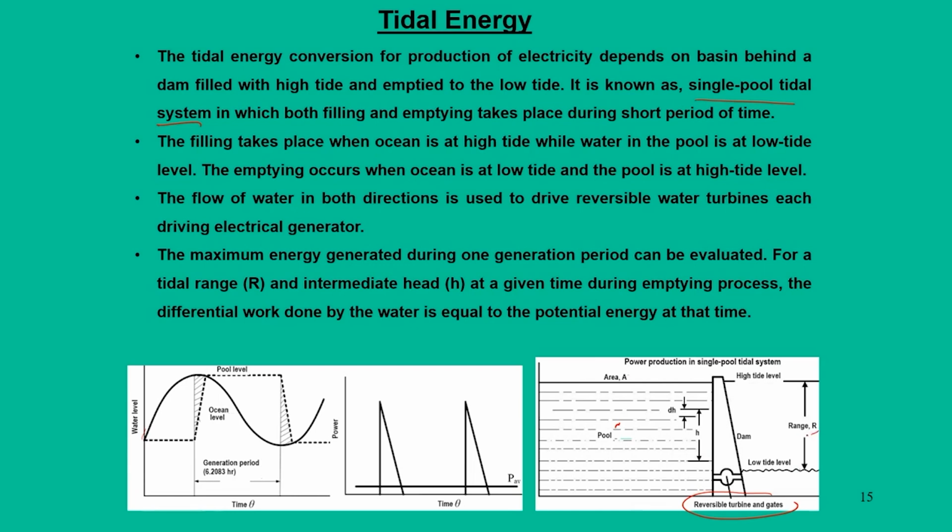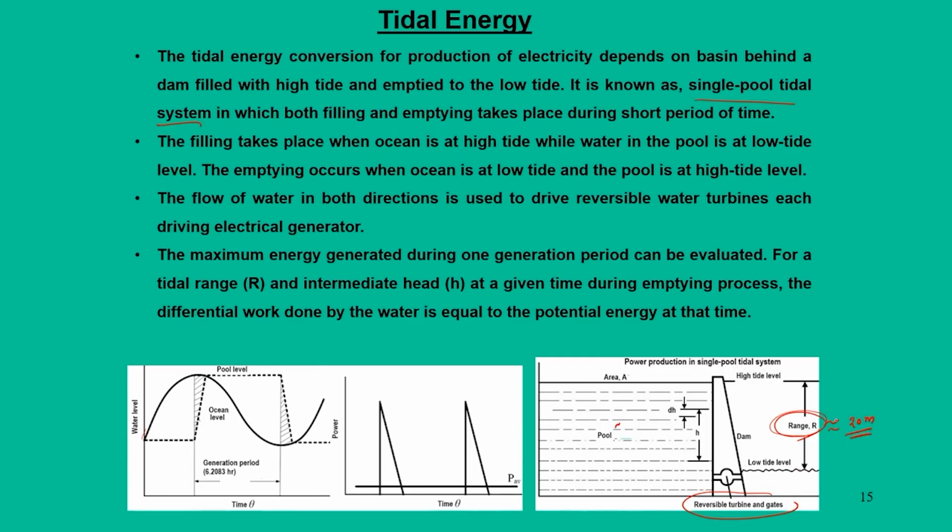The difference between these two is your range. So, for a given tide, this is the range, and that range could be as high as 20 meters. So, effectively this 20 meter height potential energy can be harnessed.